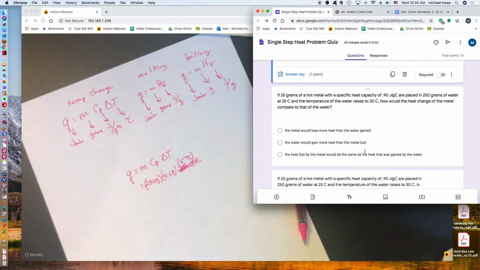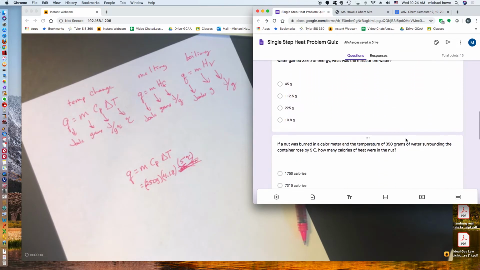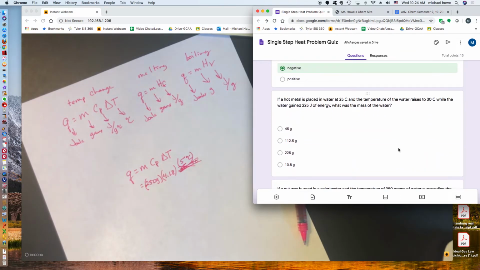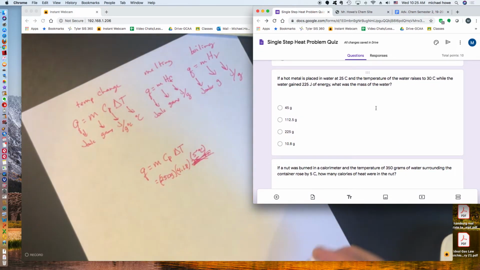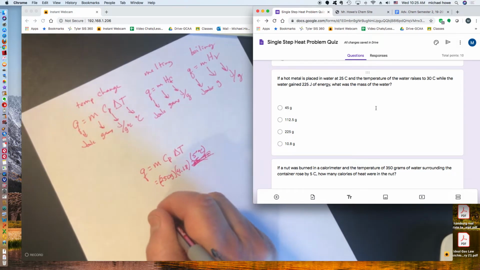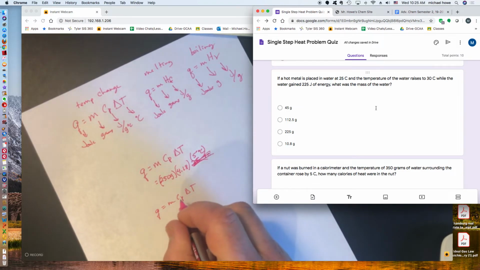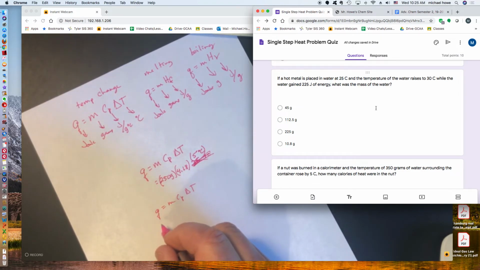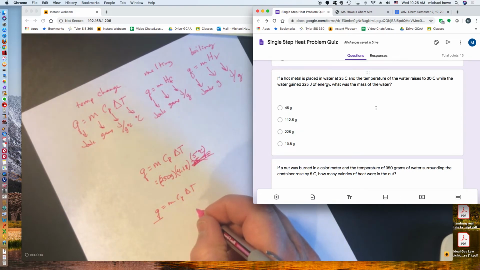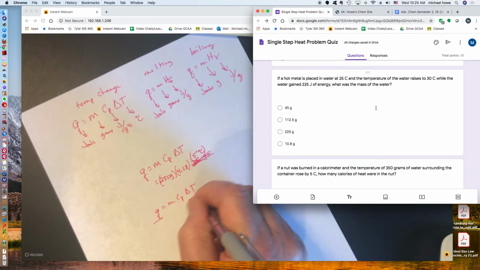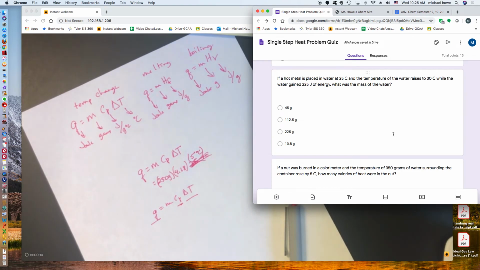Now, if you're looking for a different variable, like here, where it's the mass of the water, same kind of thing, except here you're going to use Q equals M Cp delta T, and you know the Q, and you know the Cp from the chart at the top of the page, and you know the change in temperature from 25 to 30, so you know everything except the mass, and you solve for mass.